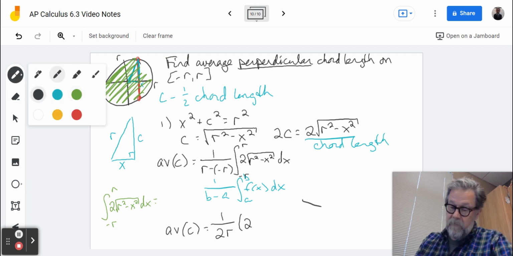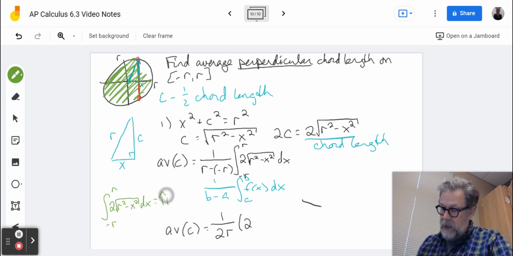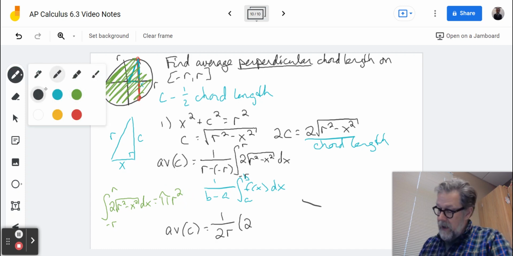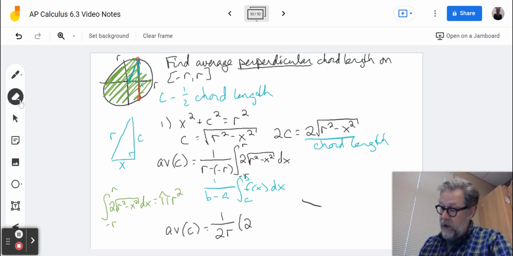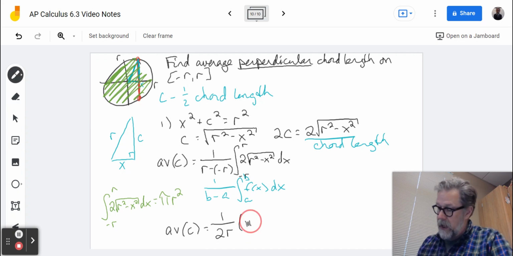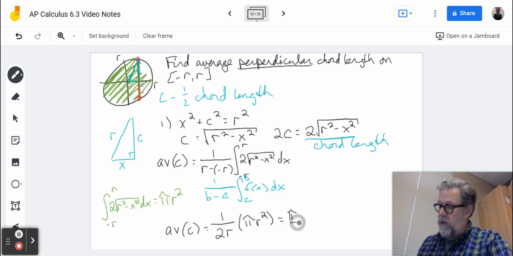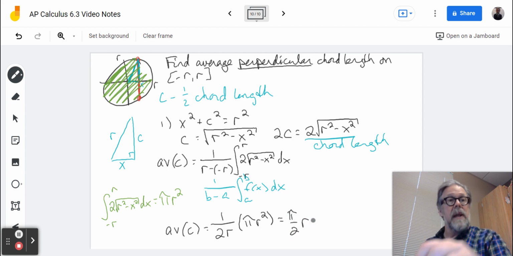Yeah, you're thinking, what on earth is this guy talking about? Yeah, pi r squared, area of a circle. I could say I was waiting to see if you would catch it, but actually, no, I just made a weird mistake. The average value occurs at 1 over 2r, 1 over b minus a, times the area of this shape, which is pi r squared. The average value will occur at pi over 2r.